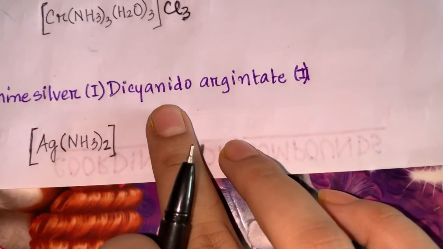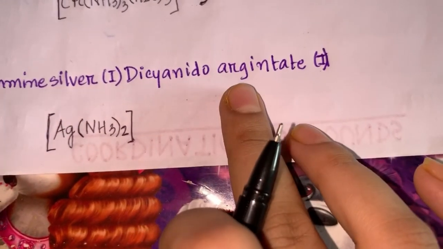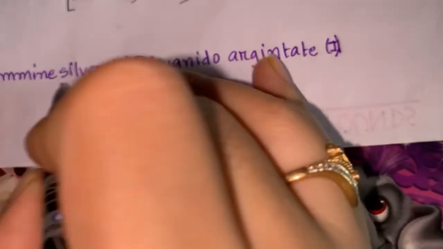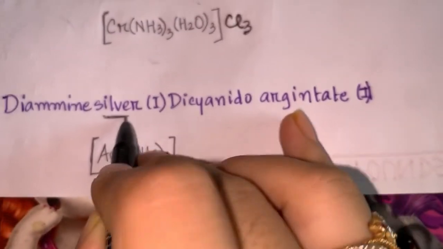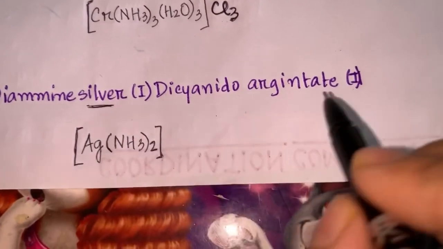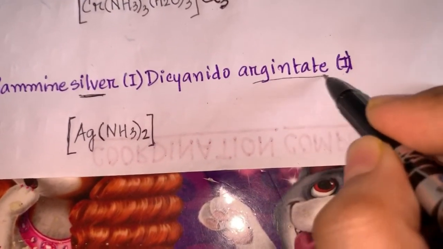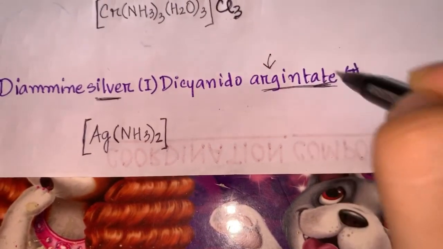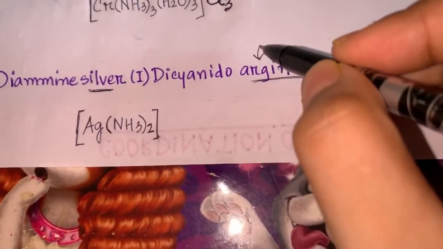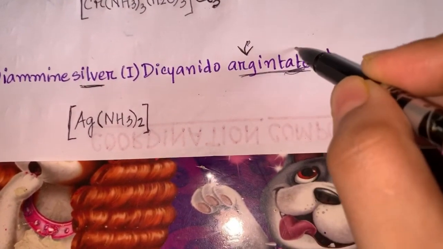The second one is dicyanoargentate. As I have said, silver is here in the form of silver because it is the cation, but when it comes to the anion, we always end it with -ate and write it in its native form. The name of the central metal atom is written in its native form and it ends with -ate.